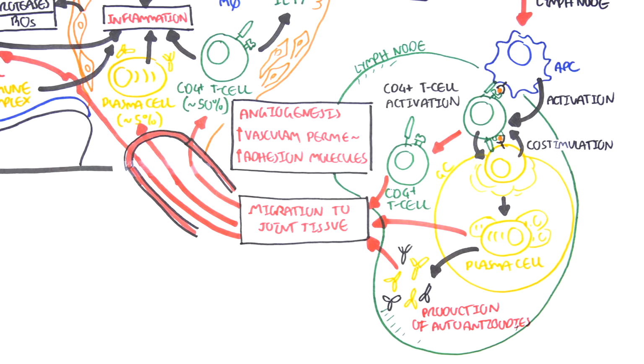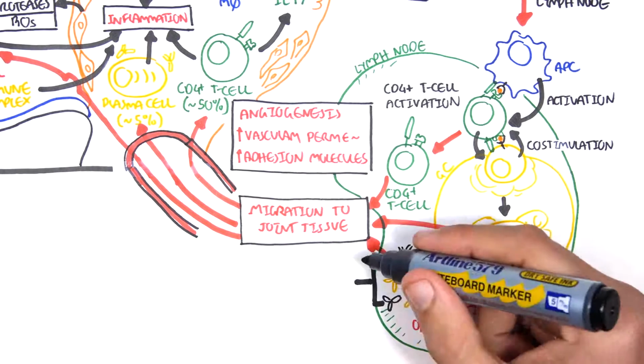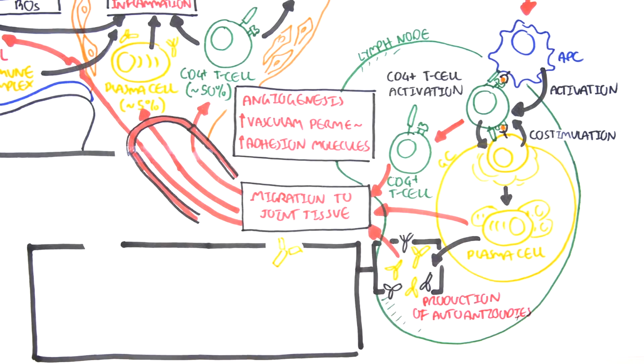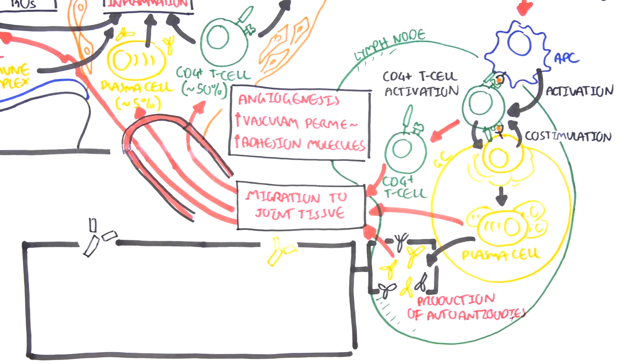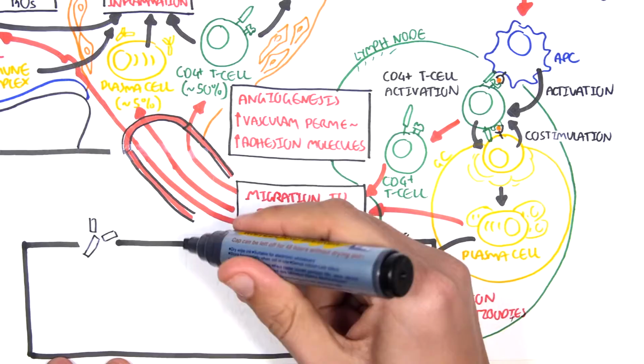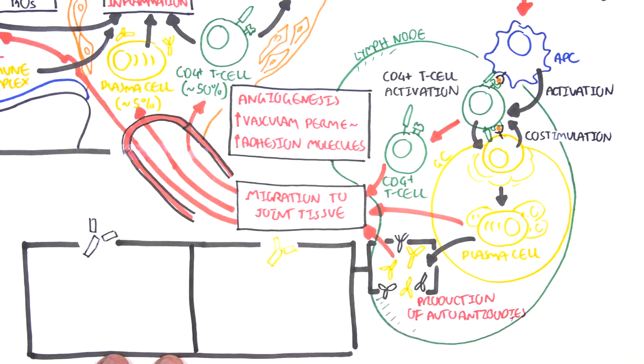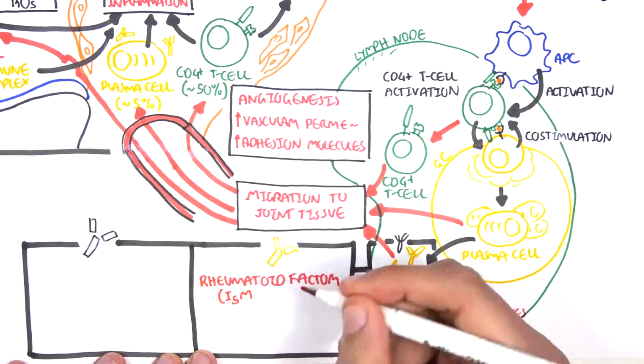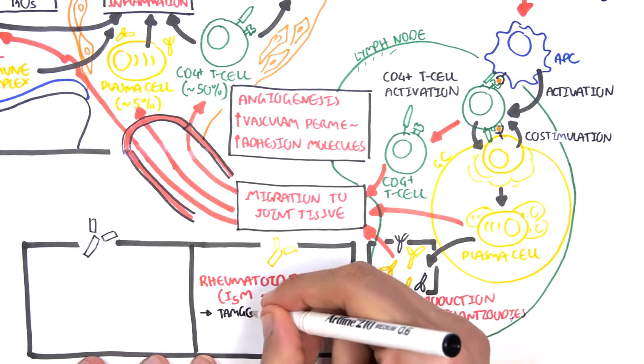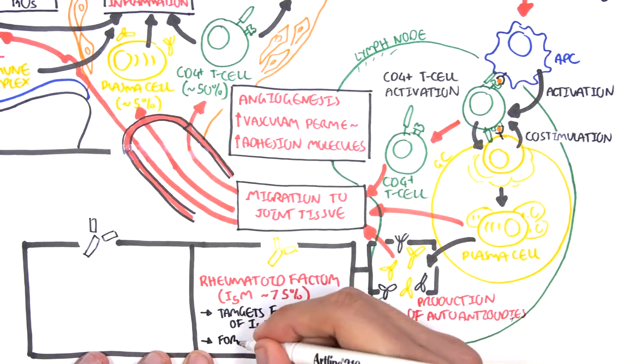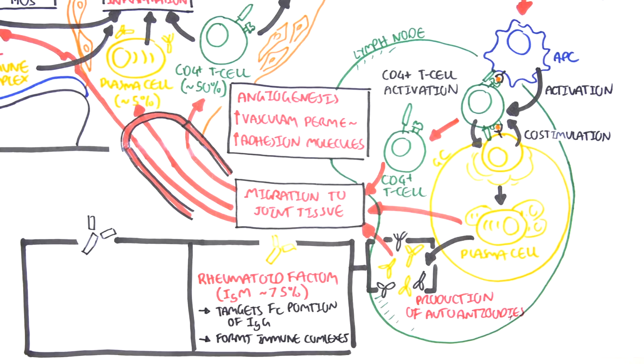Now, it's important to talk about the antibodies because they're an important feature in rheumatoid arthritis. We have two main antibodies found, and we'll look at one of them at a time. The first one is the rheumatoid factor, which is an IgM antibody, and it's present in 75% of people with rheumatoid arthritis. What these do is target the Fc portion of IgG antibodies, so the constant region.